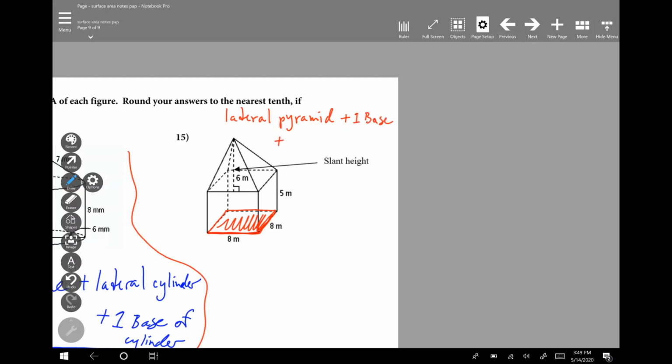And then I also want the lateral, these four sides. So it's kind of like a house. You want the four walls and then the four sides of the roof, and then we want the bottom of it. So plus the lateral of the prism.